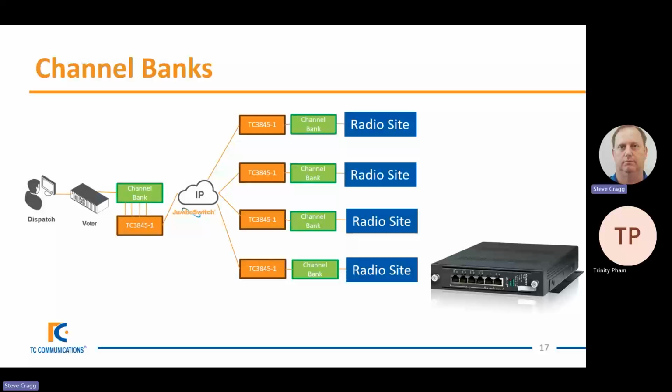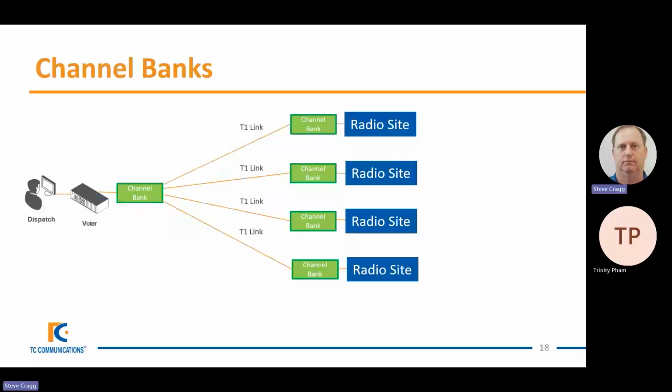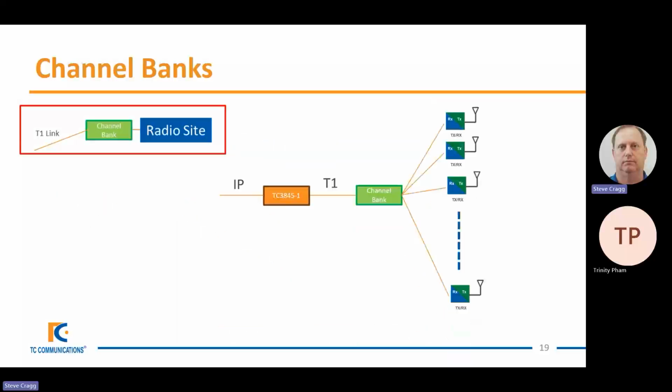However, there are some cases where this is a nice scenario, and I just wanted to walk through that one itself. So let's just take a single site, a single radio site with a channel bank on it. And let's actually have a look at that in some detail. Now, as I mentioned, a channel bank can typically have up to 24 for a single T1. Some of them run multiple T1s.